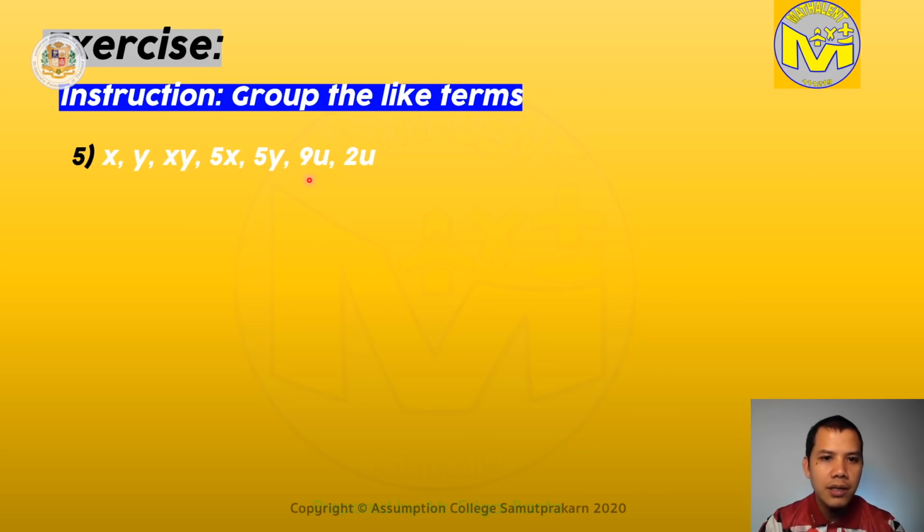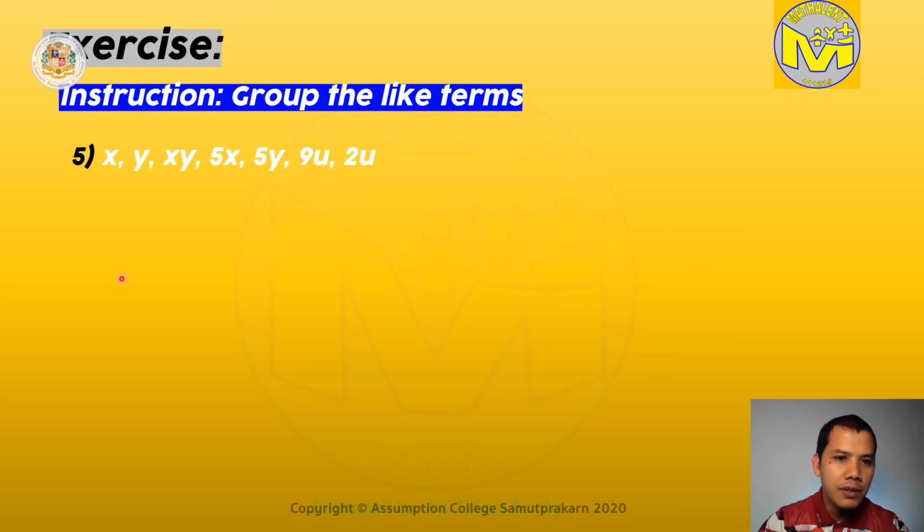X, Y, or U? If you go by alphabet, U is first. U. Next is X and the Y.